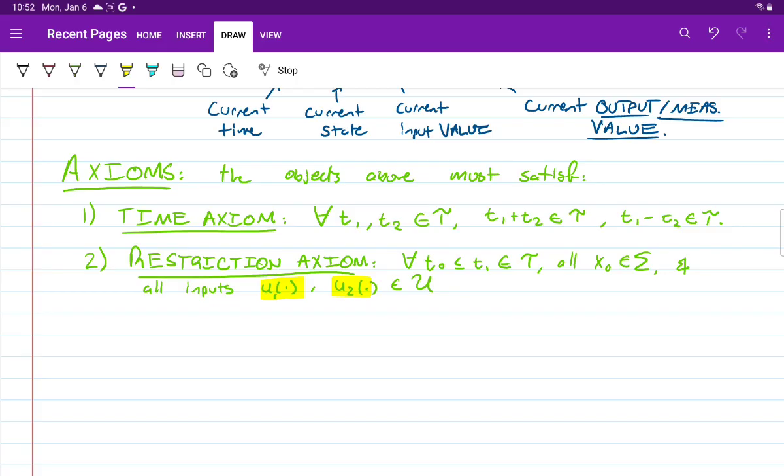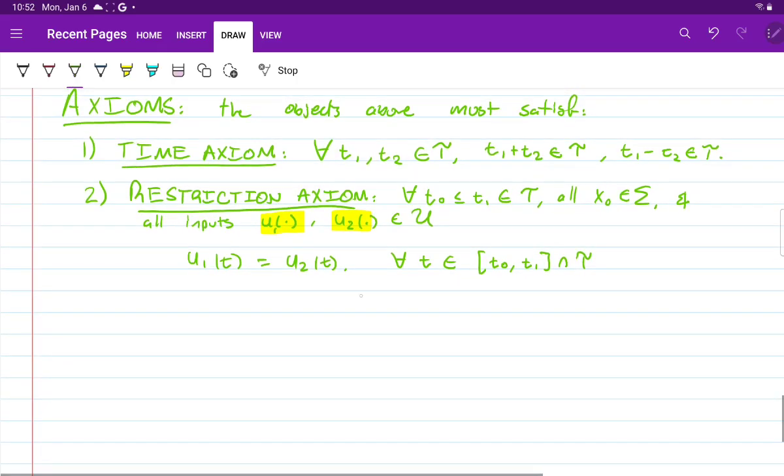So let's get back to the restriction axiom. What does this need to satisfy? For all inputs u1 and u2 in this set U, if u1 of t equals u2 of t for all times t in the set t0, t1, intersected with my time set, then my state behavior should be the same due to those two inputs, as long as we're on this time interval.